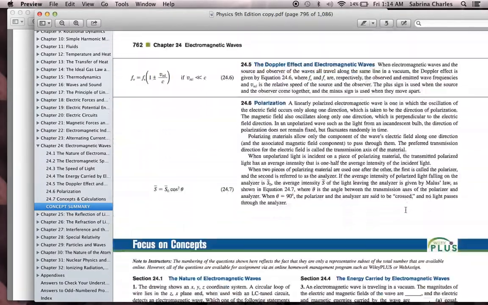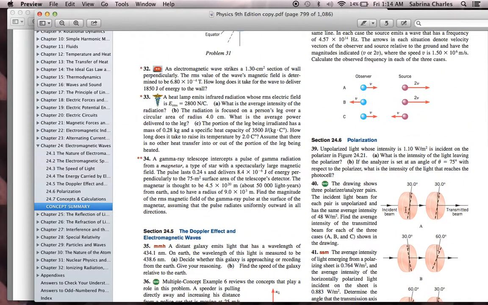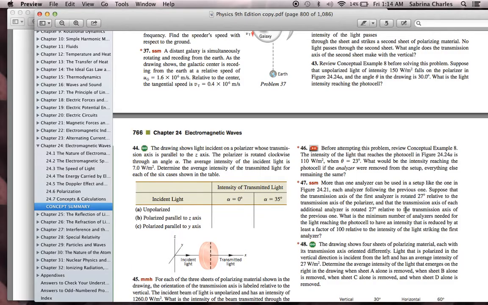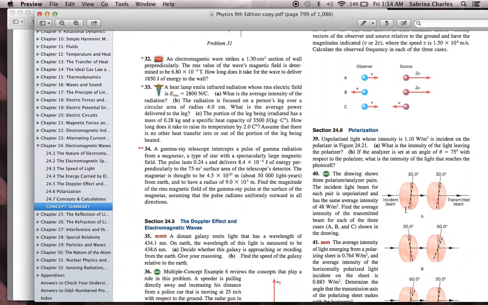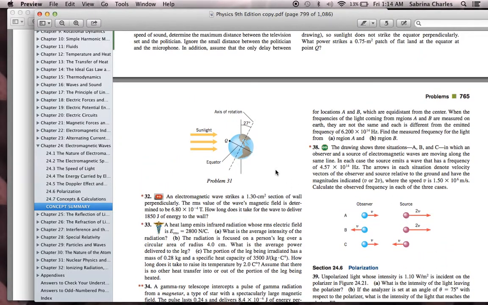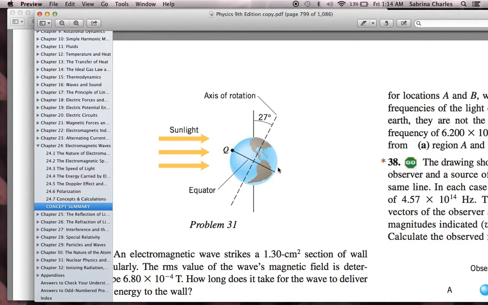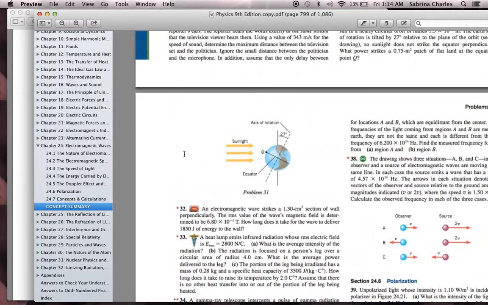Actually, I'm just going to scroll and show you the actual picture. Okay, here it is. So you get the image of the problem.